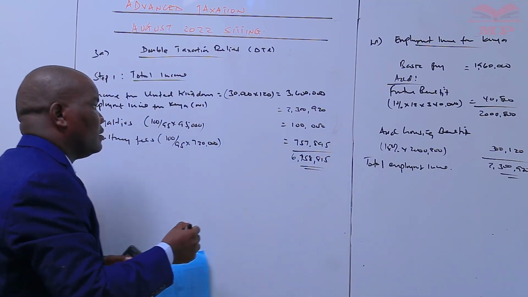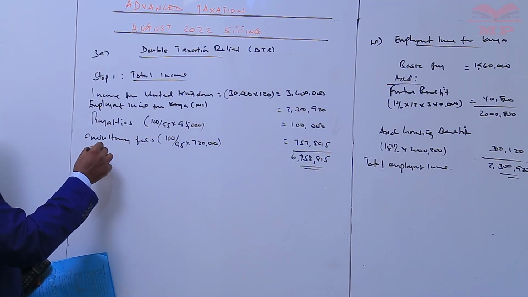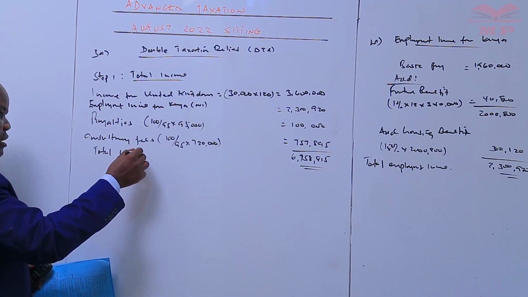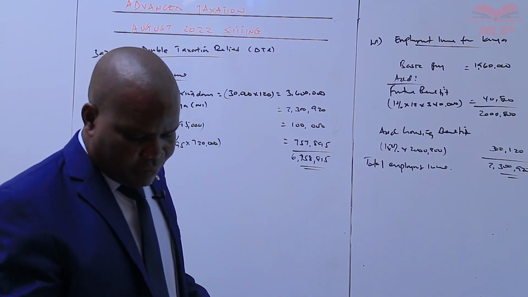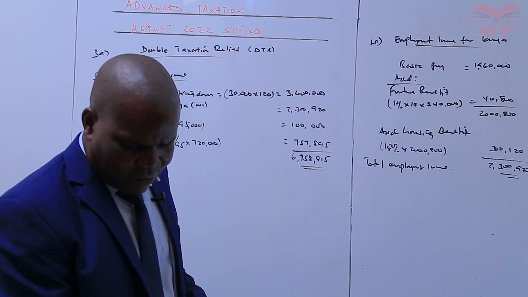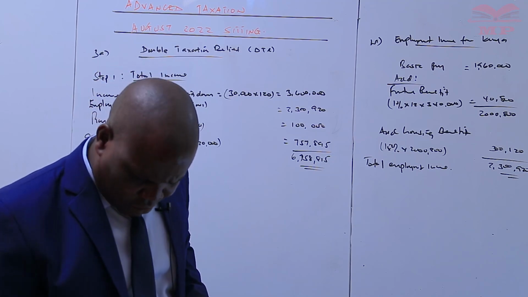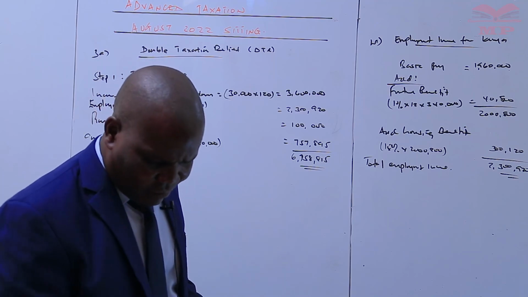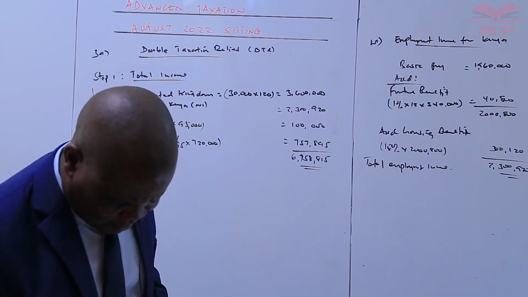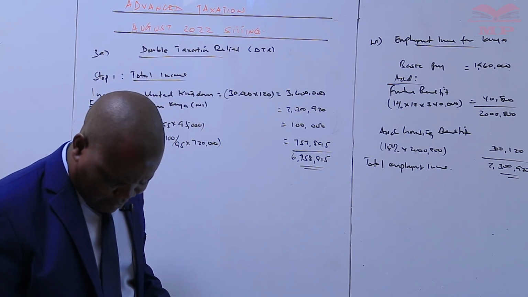So this is Mr. Pete Masa's total income for the year 2021. That is step 1. Step 2 is to compute total tax on total income. That is his tax liability arising from all his income, both from Kenya and from outside Kenya.